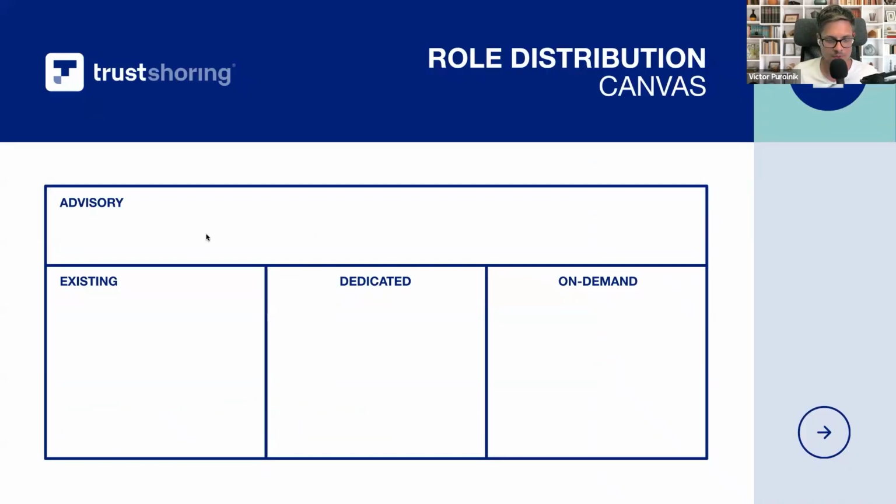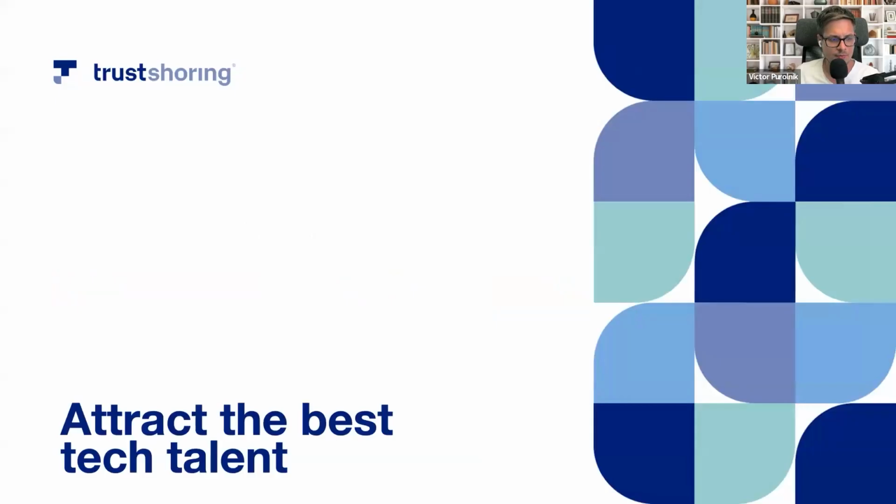So for example, if you realize you lack certain roles, you can decide, okay, do we get them on demand? We don't have a CTO, but maybe we don't need one. Maybe we can get a fractional CTO so that you really distribute those skills and see that you have someone for everything.